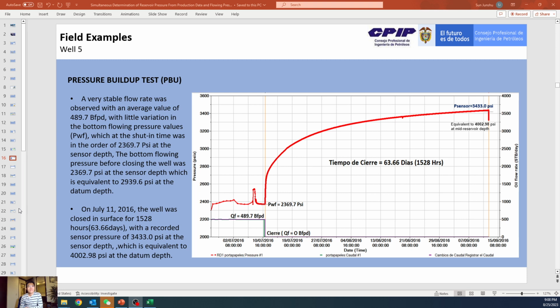On July 11, 2016, the well was closed in for 1,528 hours.